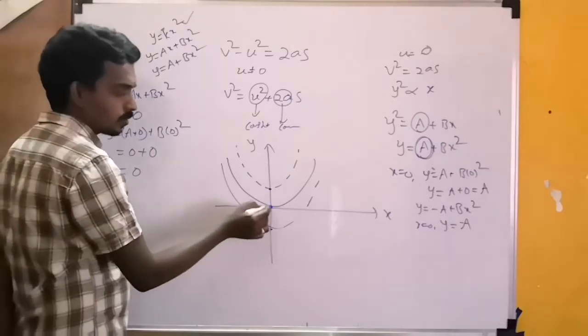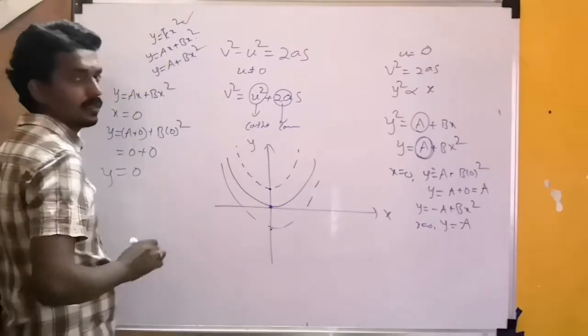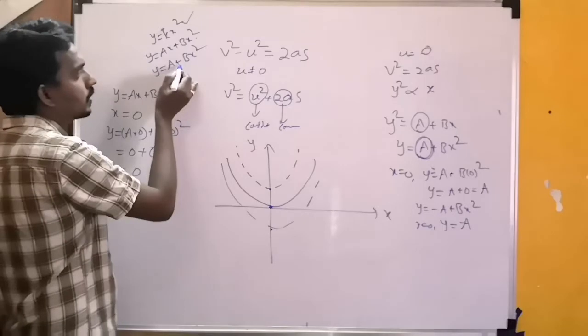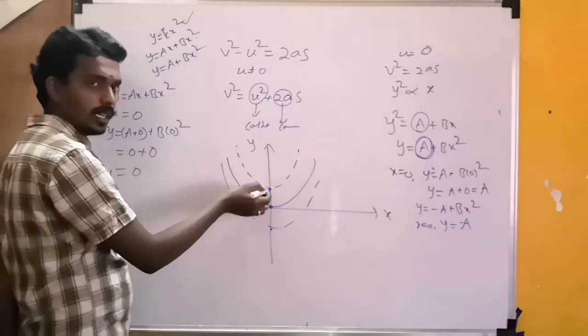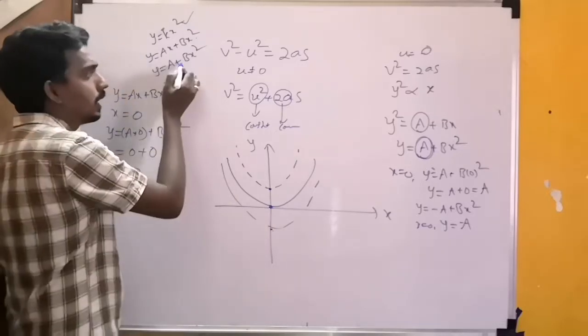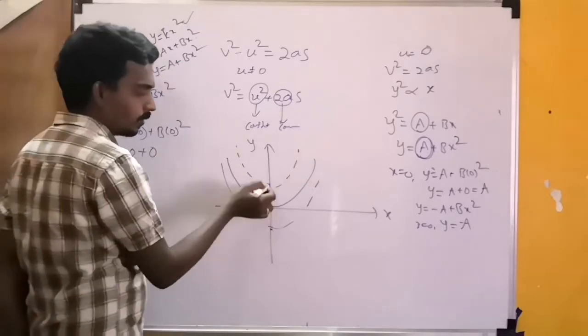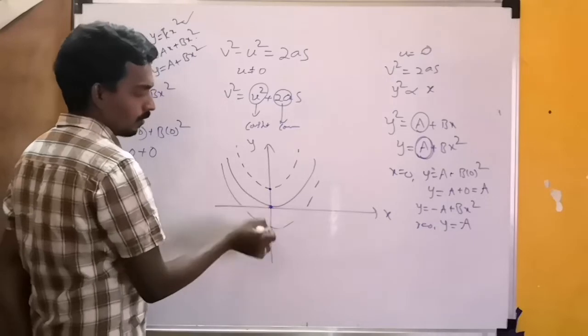This passes through the origin, this passes through the origin, but this one may pass through here or here, meaning it will have positive or negative intercept on the x or y axis.